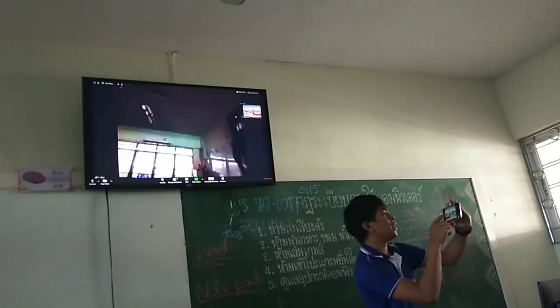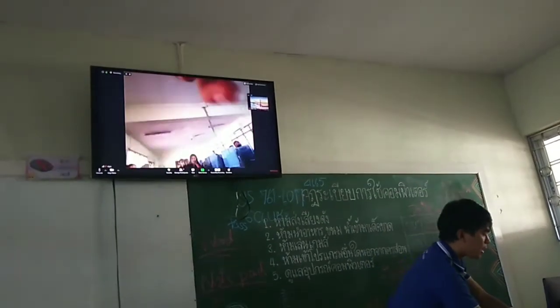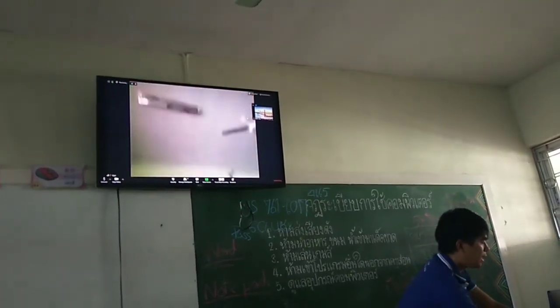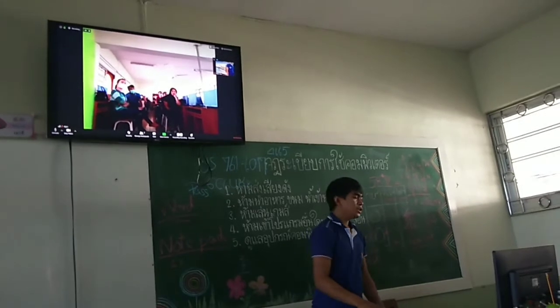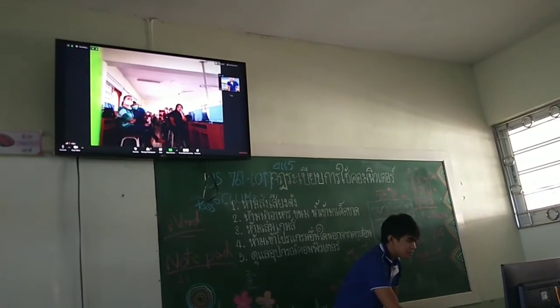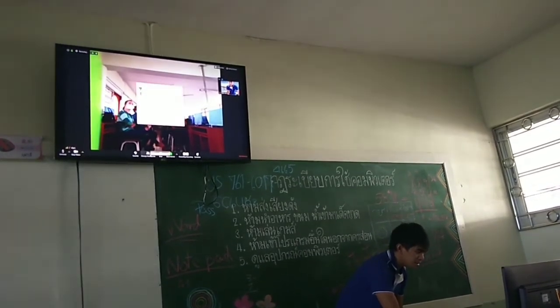If I speak here, this will change to my feed. The focus of the camera will change to whoever is active, who is speaking. So that's why you need to mute your students, and you don't allow them to unmute themselves.